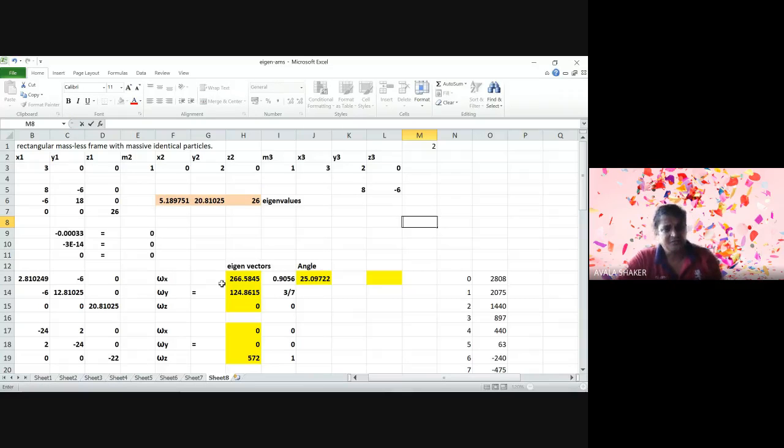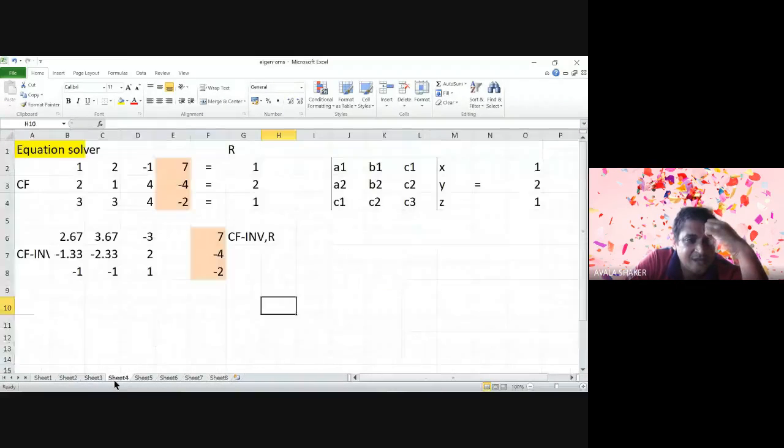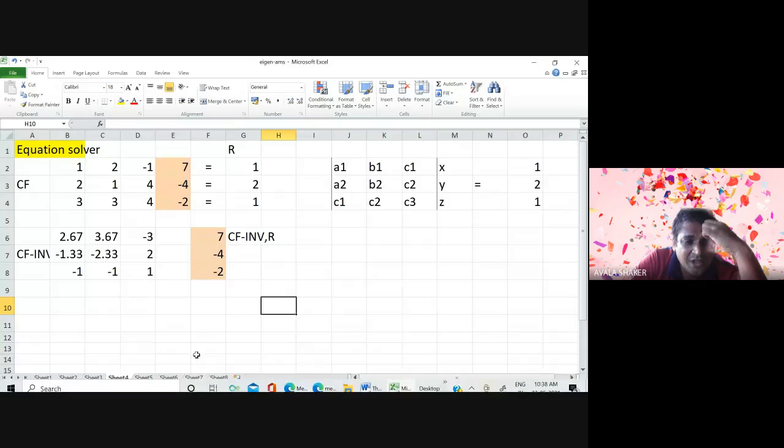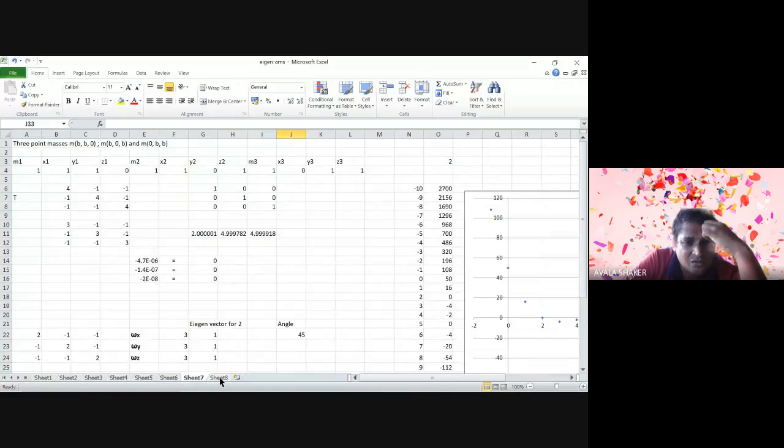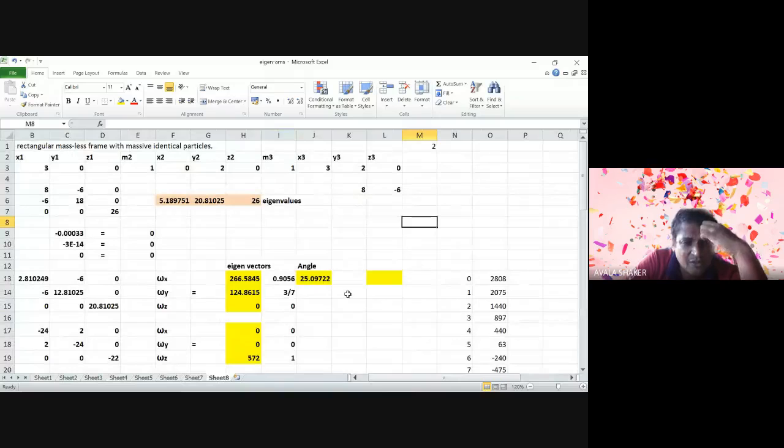As I said, if you try to solve it like the previous linear simultaneous equations which I did here, this is 0. The problem is that this also works out to be 0 when you try to solve using Excel. So what we will do is use Cramer's rule. You have 3 equations here.